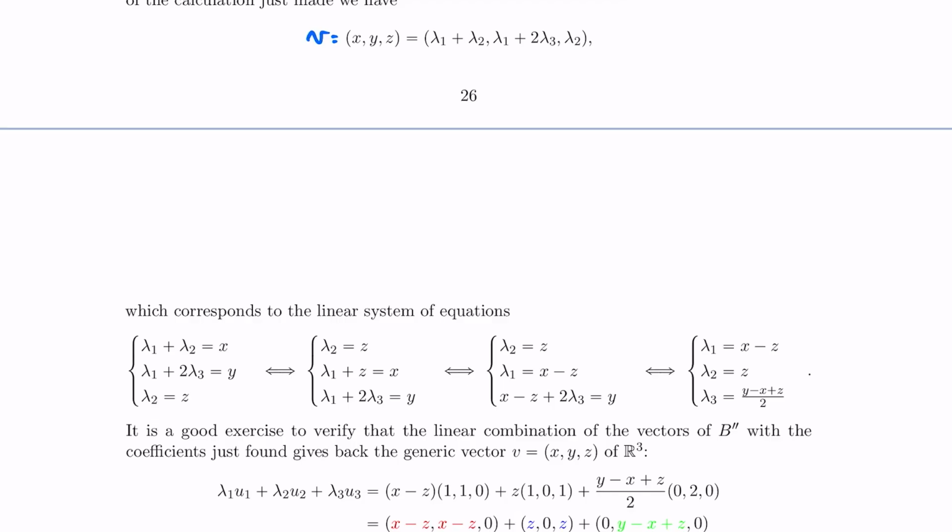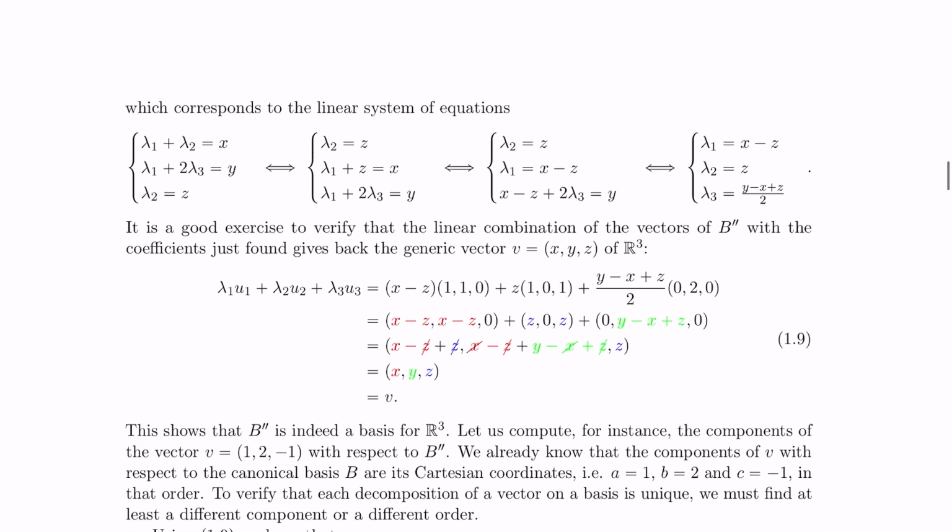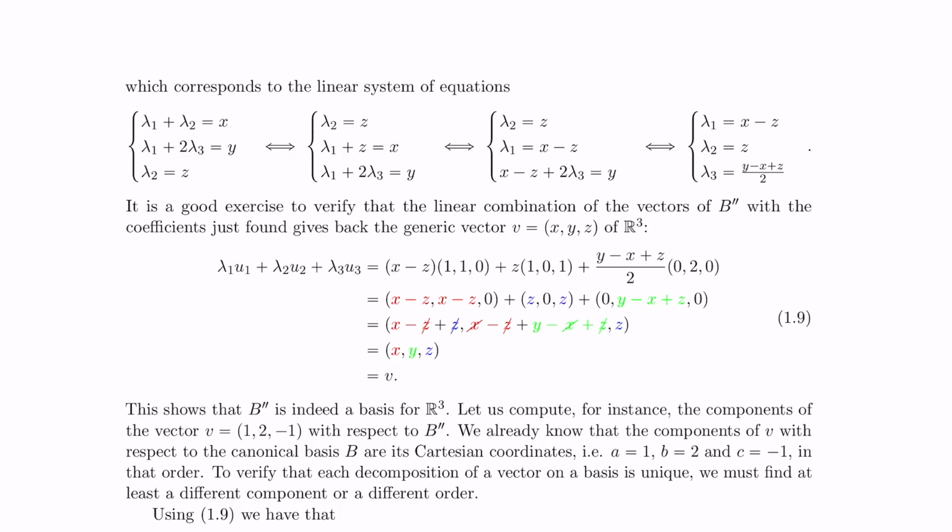In the next computation that I performed, you can see that if we introduce the components that we have just found here, here, and here, then we can reconstruct in a perfect way the original vector x, y, and z.